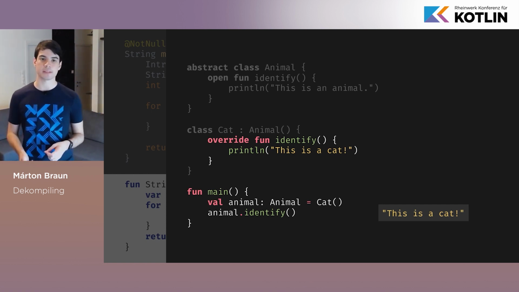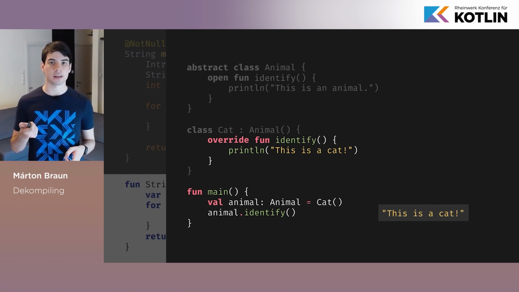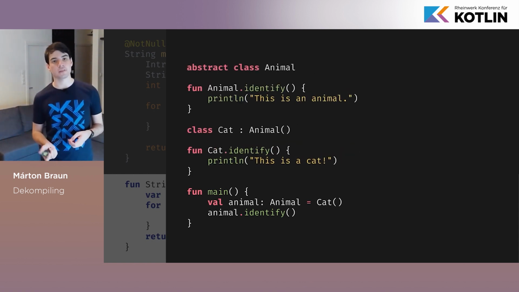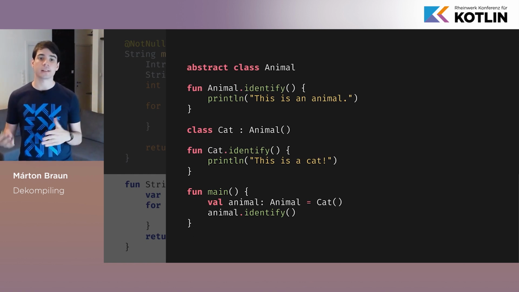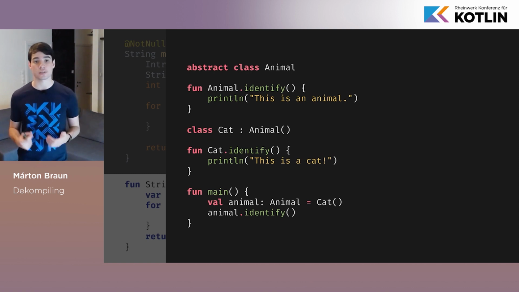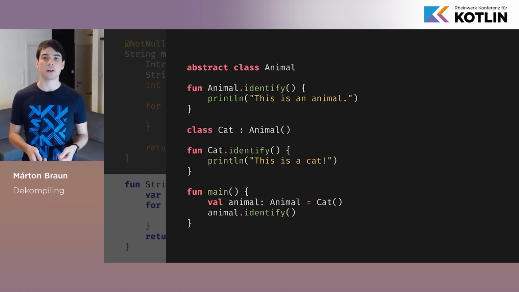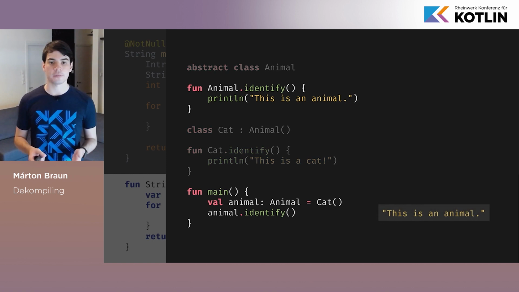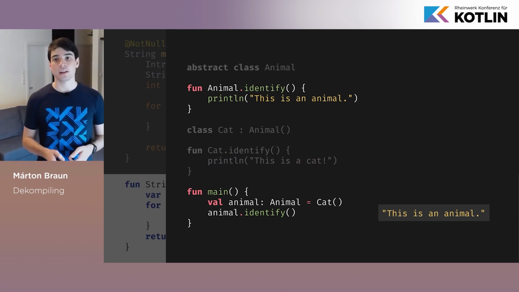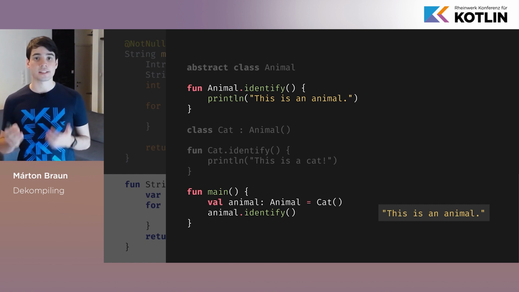So what if we pull these methods, instead of having them inside the classes, what if we pull them out into extensions? So now I have two empty classes. Cat is still an animal, but both of the identify functions are defined as extensions on the two types that we have. Well, if I were to run my main function again, I would now get a different result. So this time the identify function defined for an animal is what's being executed because extensions are static.